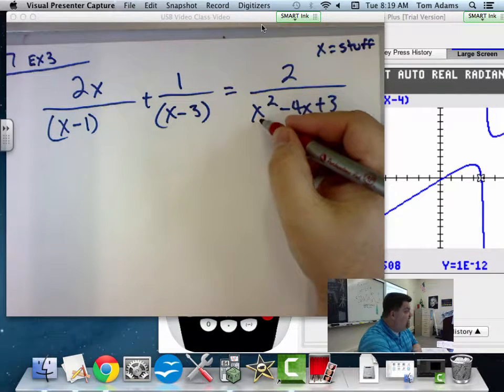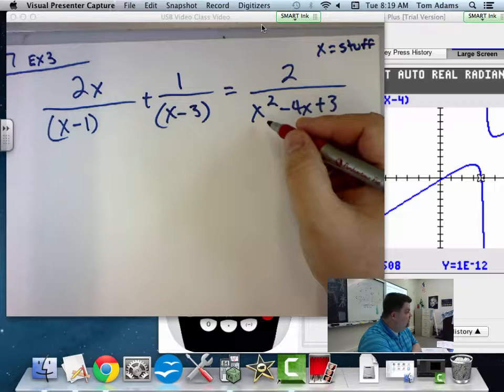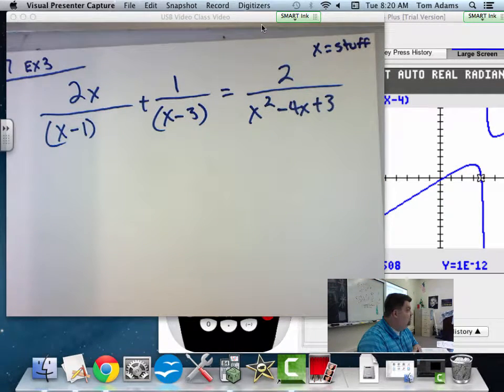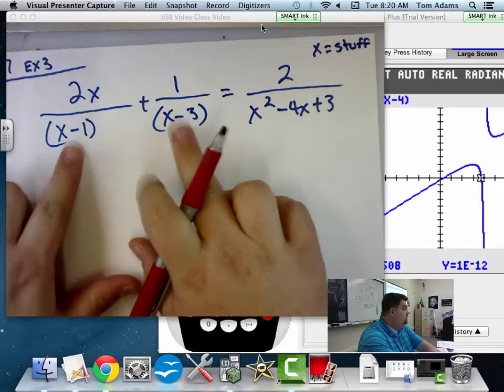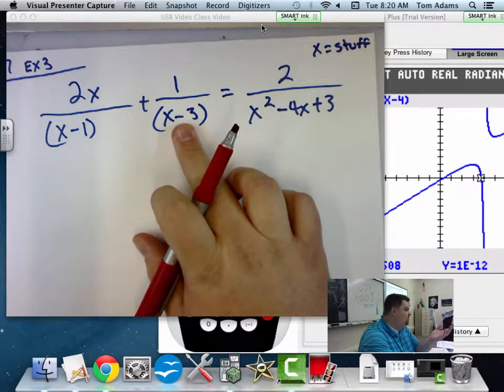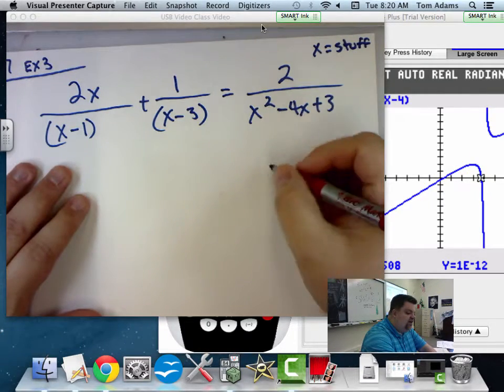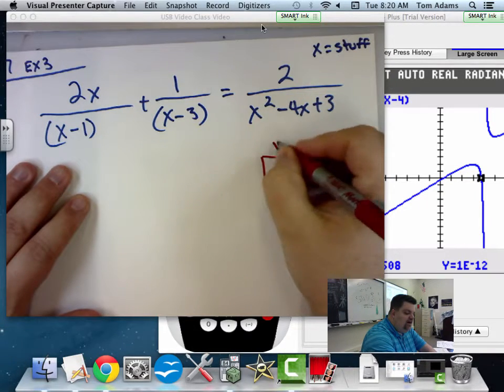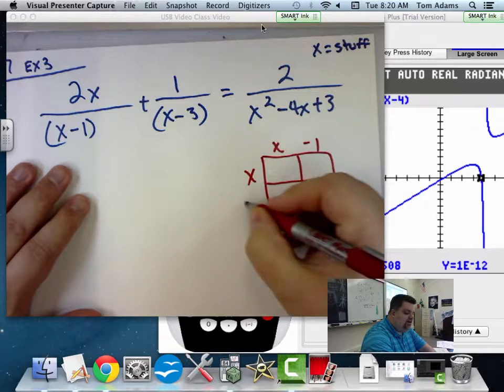What do you think this factors to? The problem's kind of rigged. What do you think that factors to? x minus 1 times the quantity x minus 3, right? These two things. It's kind of rigged. So we know that, but how do I double check it? Well, let's just double check it. We have x minus 1 and x minus 3.